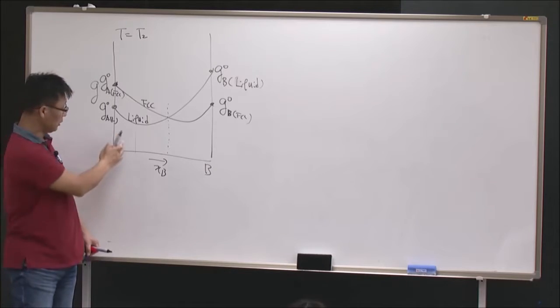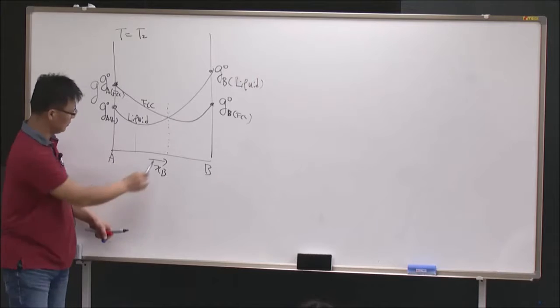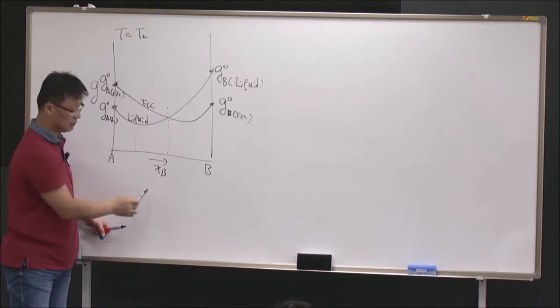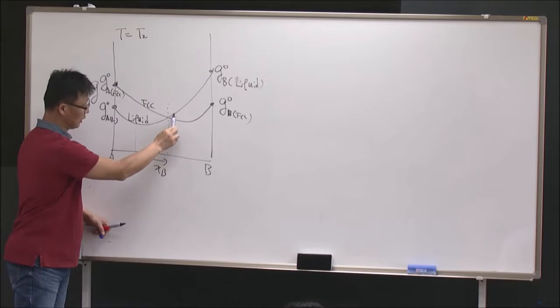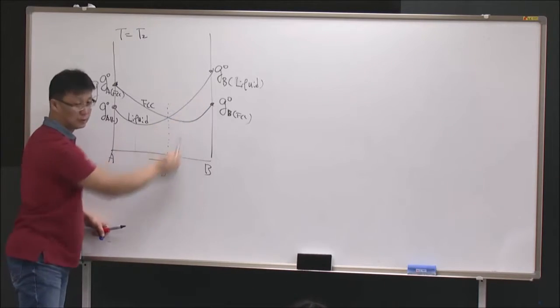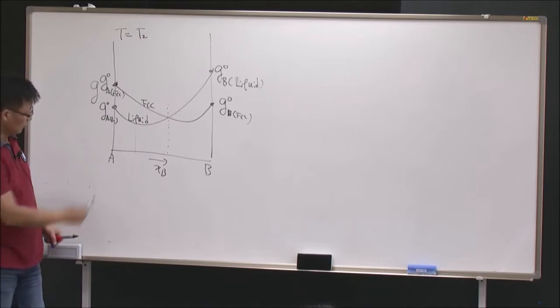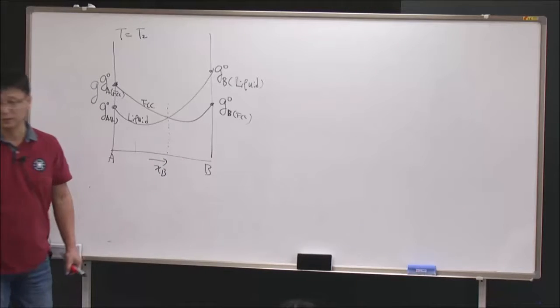Am I right? So liquid should be stable. And here, same thing, liquid should be stable over FCC. And once you cross this one, now FCC is more stable than liquid. Okay? So it looks like only the liquid phase and the FCC phase exist here, yeah?